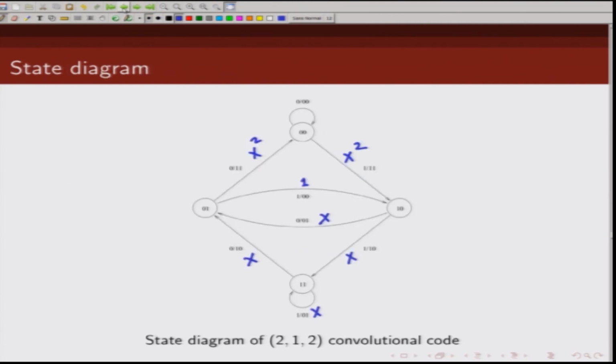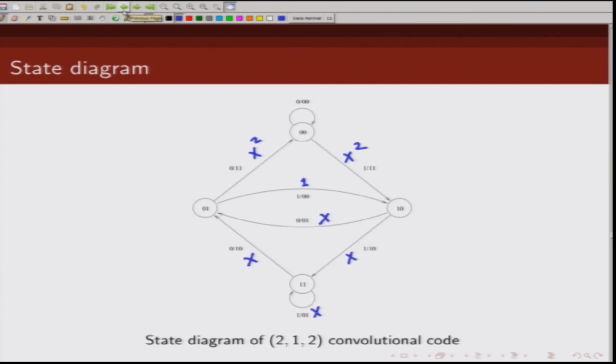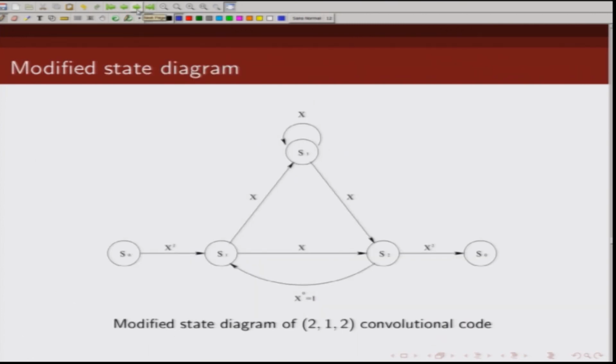Similarly, you can see from, let us say, from this state you are going to this state and the weight is x. You can see from this I am going to this state and the branch is labeled by x. Okay. From this state you are going to this 1 1 state and the branch is labeled by x. From this you are going to this 1 1 state and it is labeled by x.